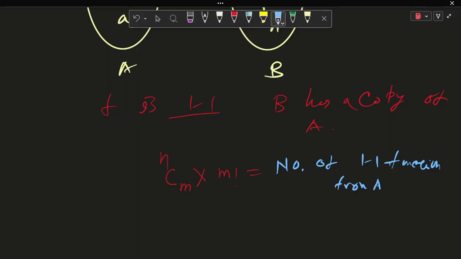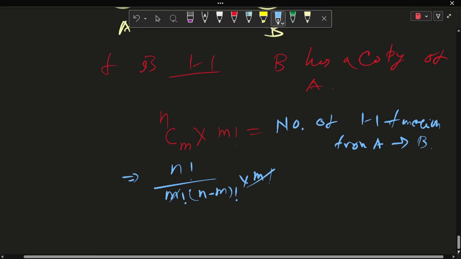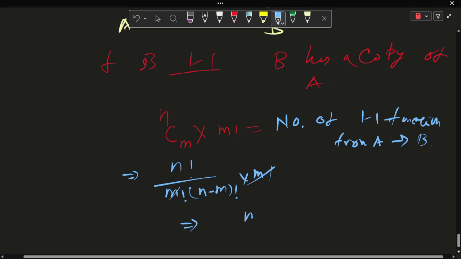That means this is n factorial by (n minus m) factorial into m factorial. This m factorial and n factorial cancel out, so the remaining term is n factorial divided by (n minus m) factorial.